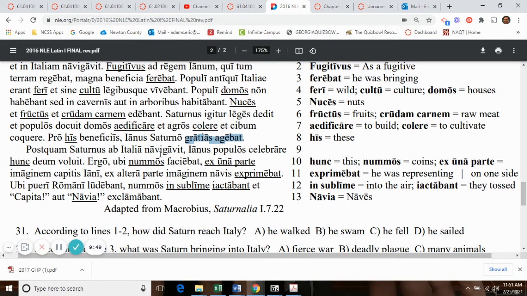After Saturnus did sail from Italy, Janus wanted the peoples to celebrate this god, Deum. They love the word Deus, Dei on the NLE.